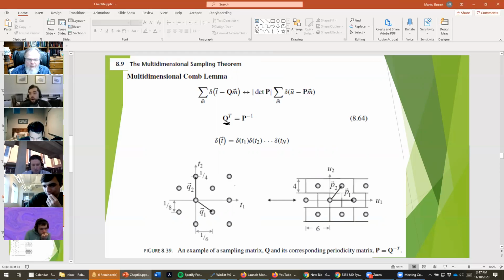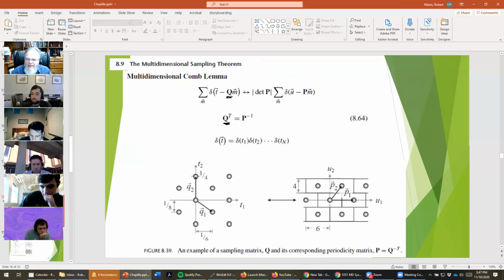We just use T1 and T2 because in one dimension, we usually think of time. But you notice that there is a periodicity matrix here, correct? We're going to put Dirac deltas everywhere, in accordance with a sampling matrix of Q.